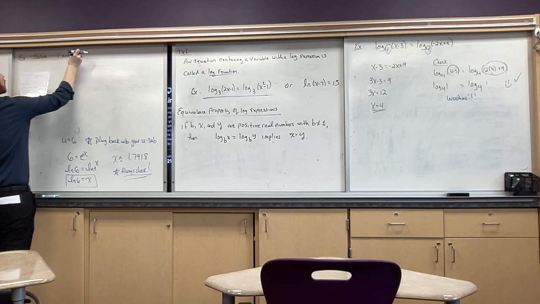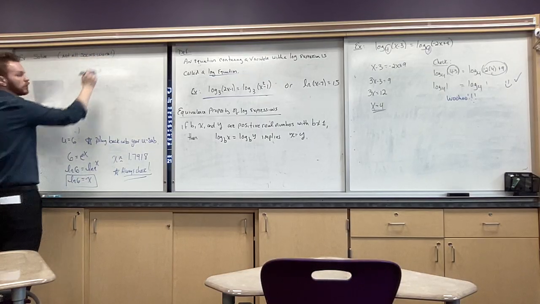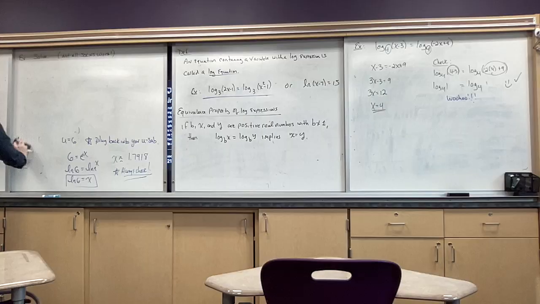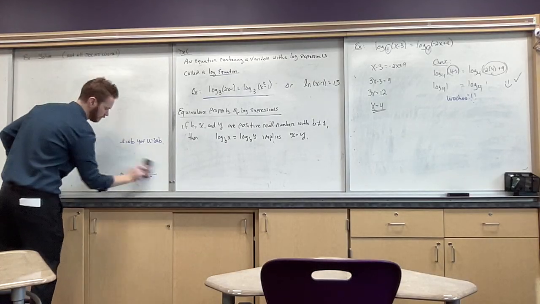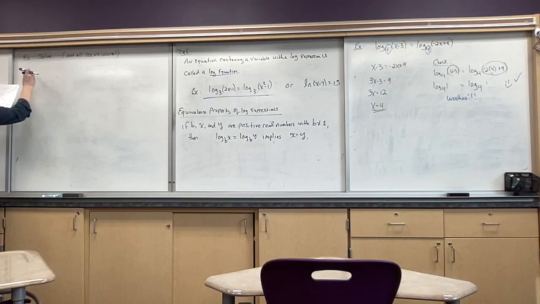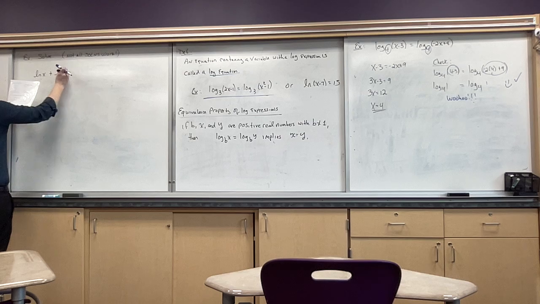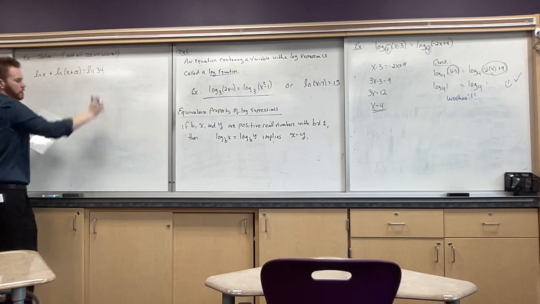Not all solutions work. That way, if you need to look back in your notes, you know which example had something like that. Okay, so here we go. Natural log of x plus natural log of x plus 15 equals natural log of 34.